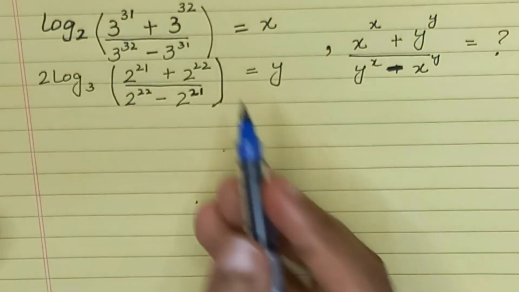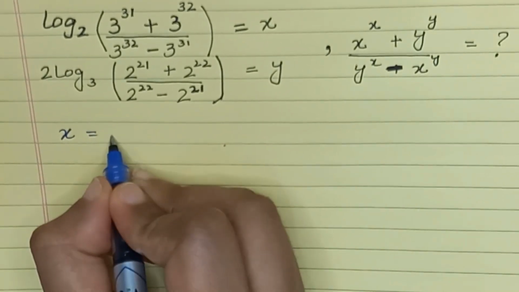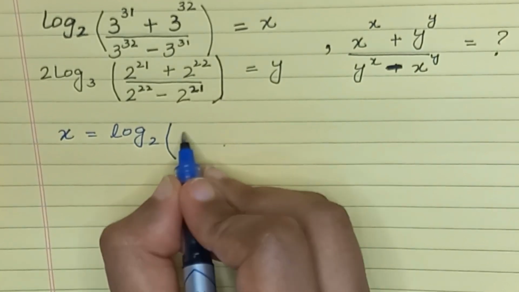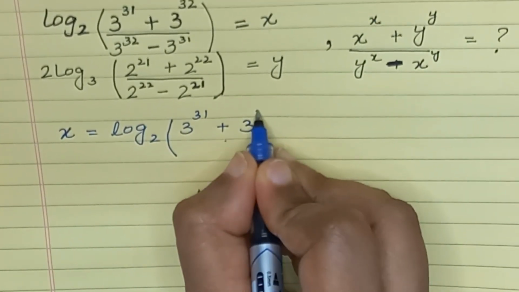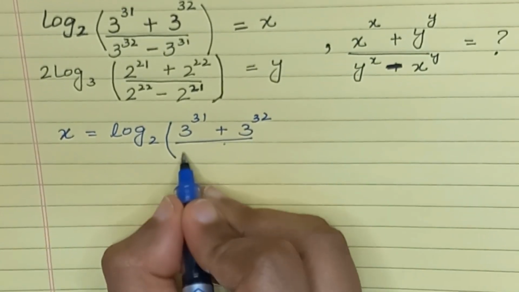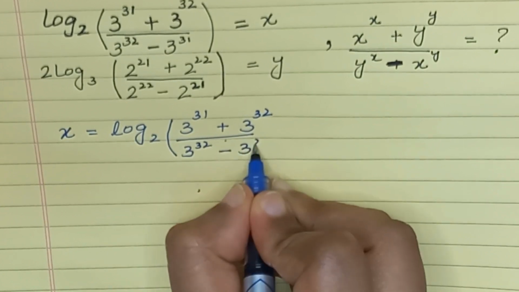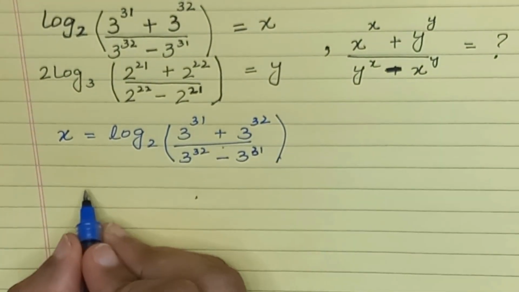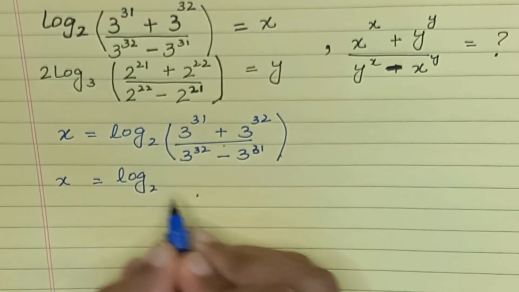So let's start from the value of x, which is x is equal to log of base 2, and here we have (3^31 + 3^32) divided by (3^32 − 3^31).